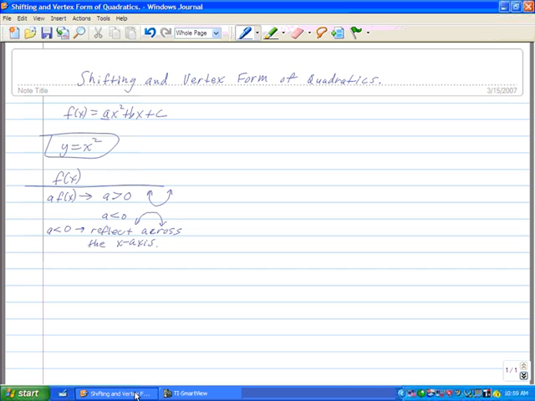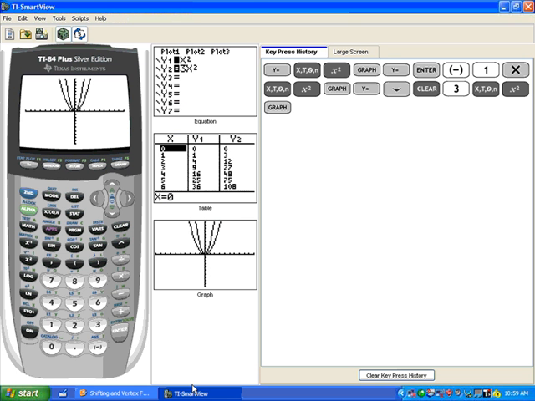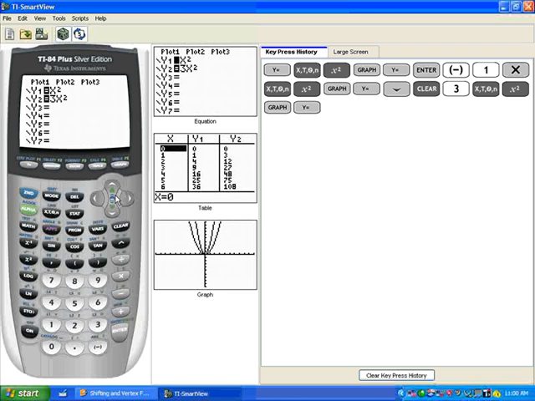So this is because an a value greater than 1 is going to create a vertical stretch. All right, and again, we see in the graph that this graph has been pulled up vertically, making it thinner, and that is the result of the 3.